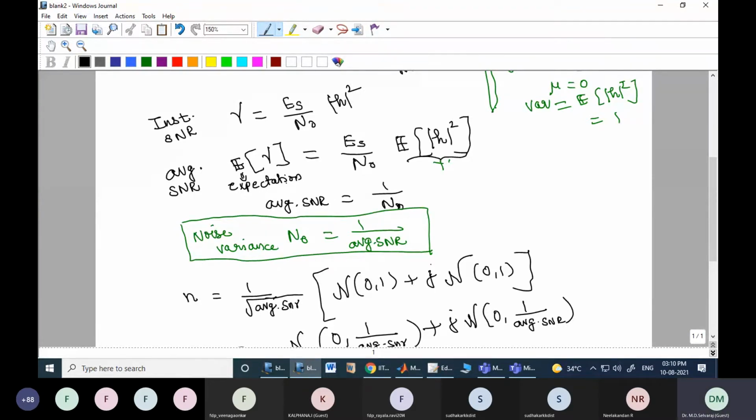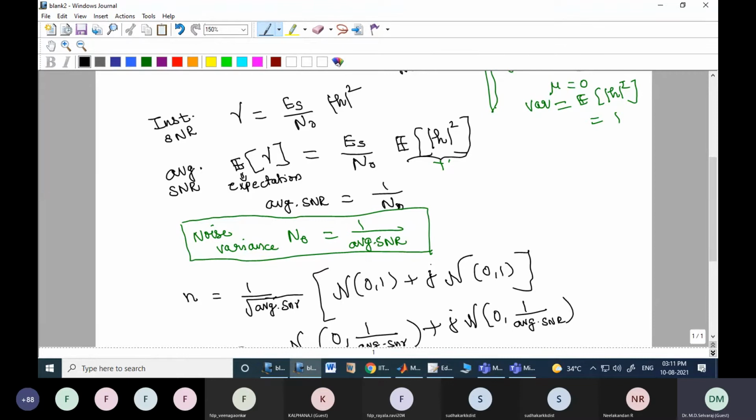The expectation of a constant is a constant, therefore Es by N naught came out. Expectation of mod of h square is simply 1, which is proved from here, and the average SNR is equal to 1 divided by N naught. N naught is the noise variance, so N naught is equal to 1 divided by average SNR.